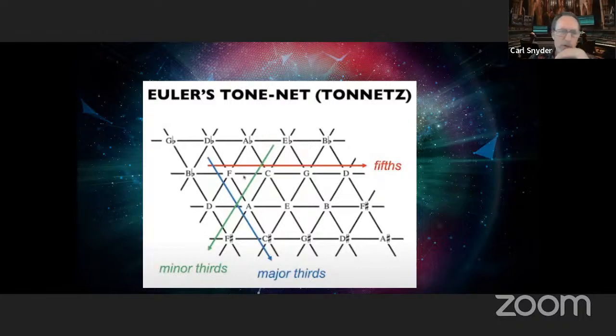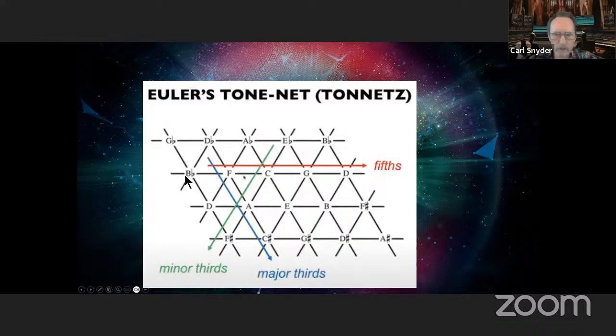So, a little review of the tonnetz is coming here. Before Hugo Riemann, there was a guy named Euler back in the 1750s, and he came up with this. As you can see, when you make a net and array your notes, he found very conveniently that we get the cycle of fifths going this way.